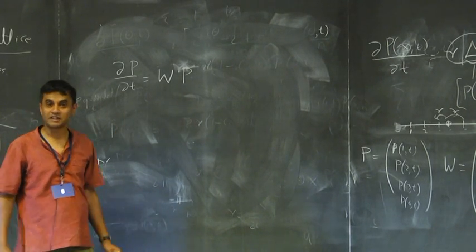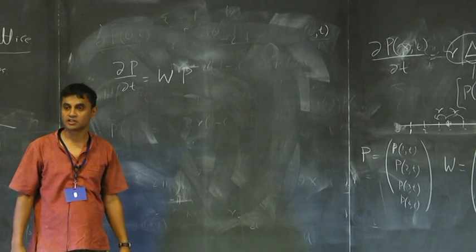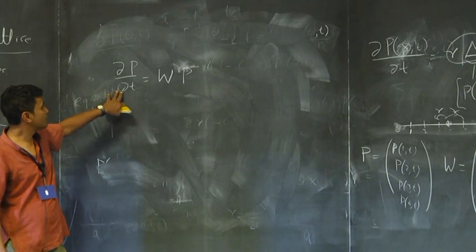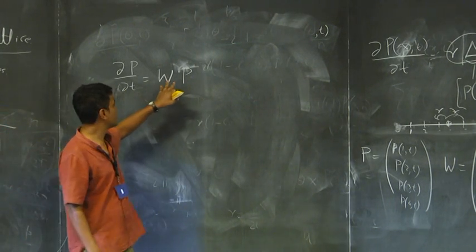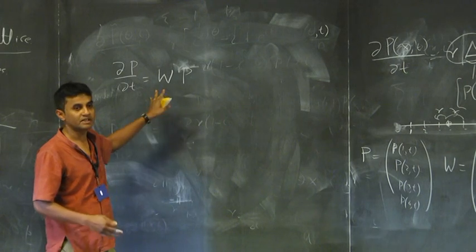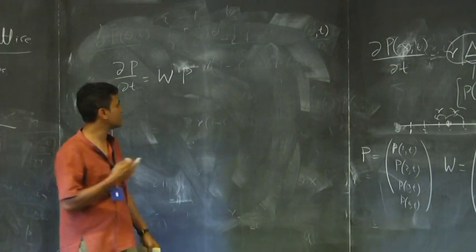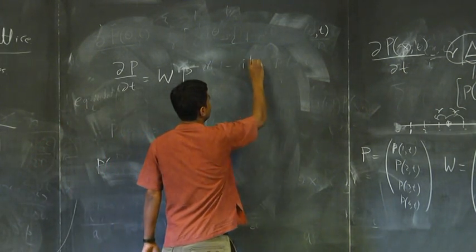Basically find the eigenvalues and eigenvectors of W. You already know this, because it's almost like Schrodinger's equation.